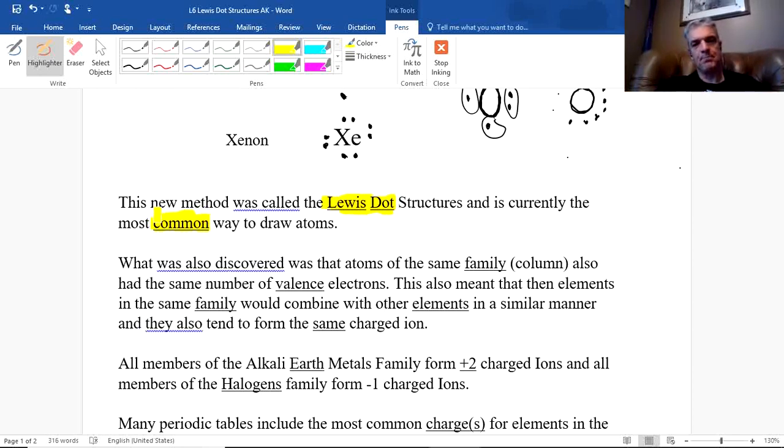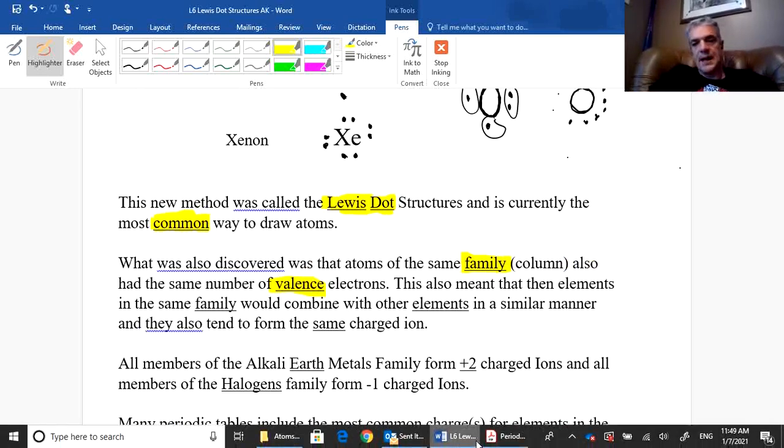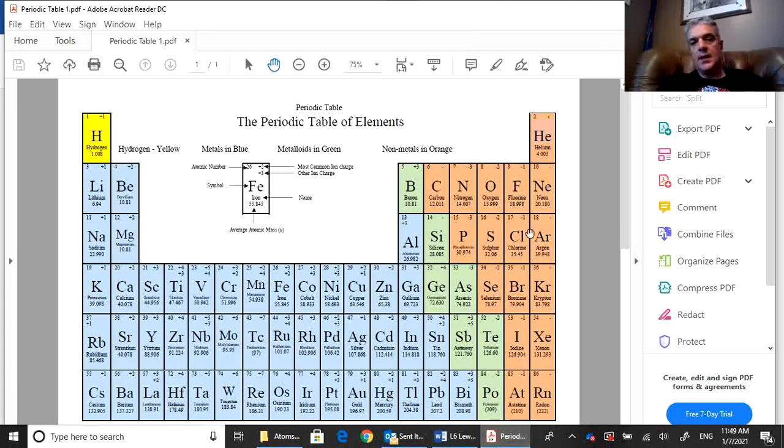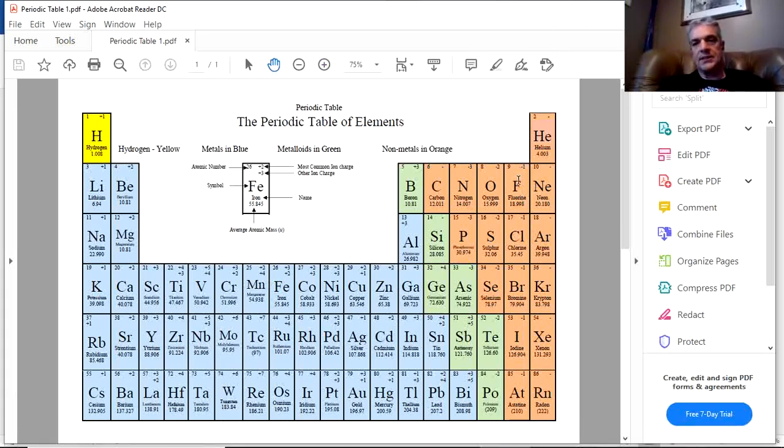Okay. All right. Now, a couple things that are extended from this, that you can use. What was also discovered was that the atoms of the same family, i.e., column, because a column is a family, also have the same number of valence electrons. So let's take a look at the periodic table. What does that mean? Well, that means that all of the elements in this particular column have the same number of valence electrons.